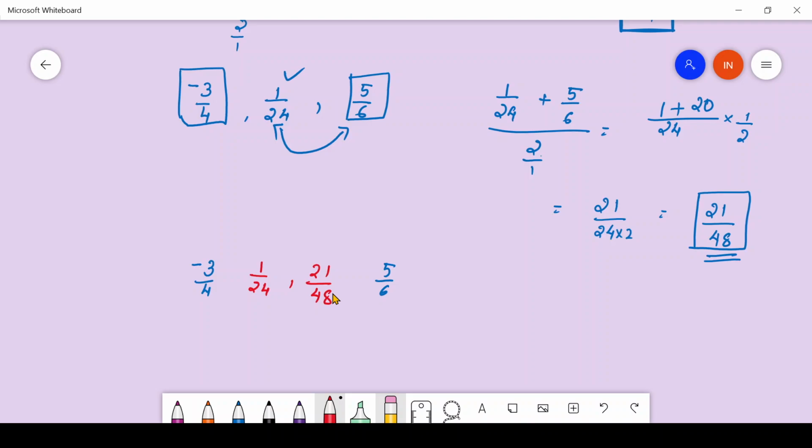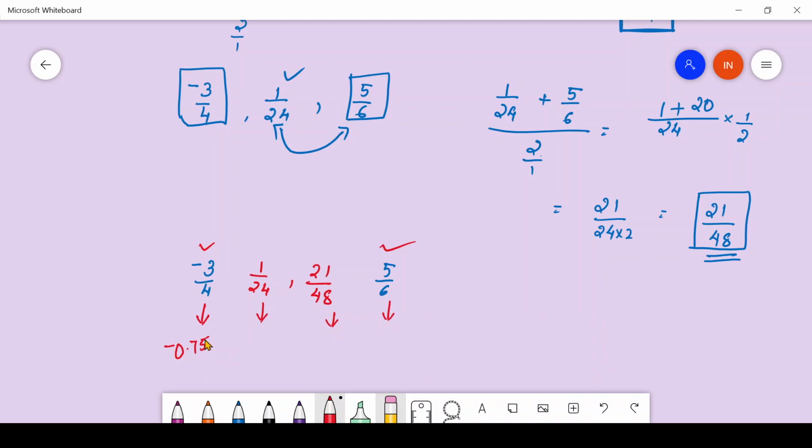Now, I will tell you how you can understand whether these are between the two given rational numbers. You can solve it. What is negative 3 by 4? You can do the actual division and see it is negative 0.75. And you can check 1 by 24 also, and all these rational numbers.